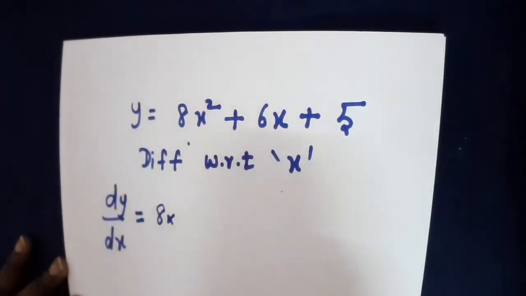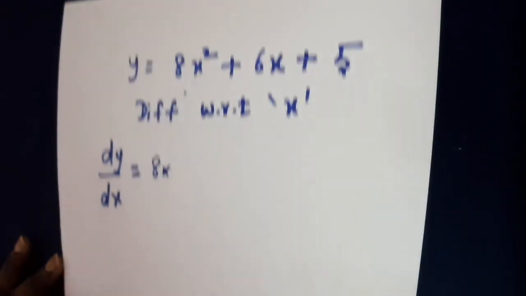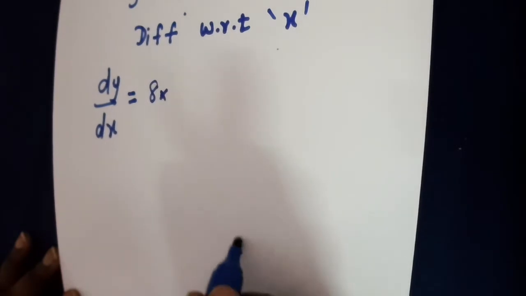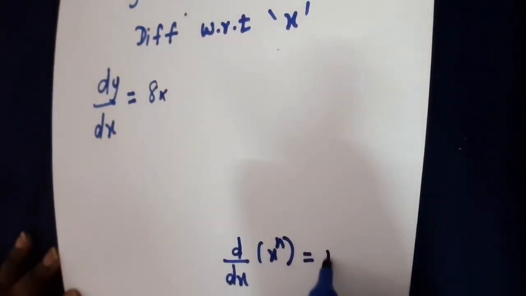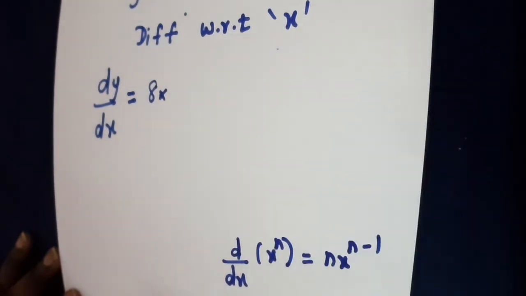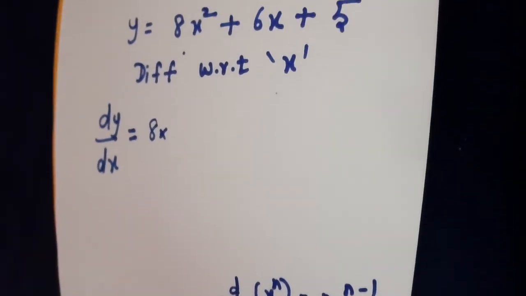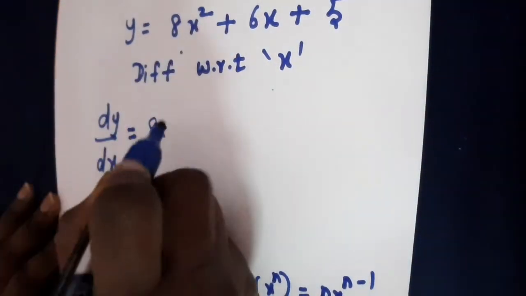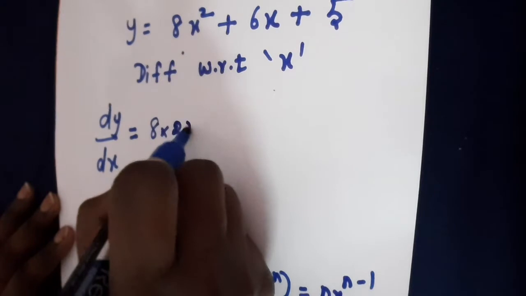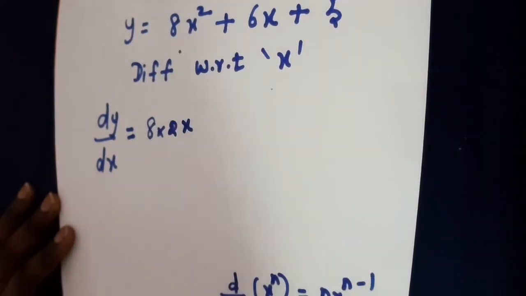Okay, so I'll write it here. Differentiation of x to the power n is equal to n times x to the power n minus 1. All right, this is the rule. So 8 times, what is n actually? 2 times x to the power n minus 1.